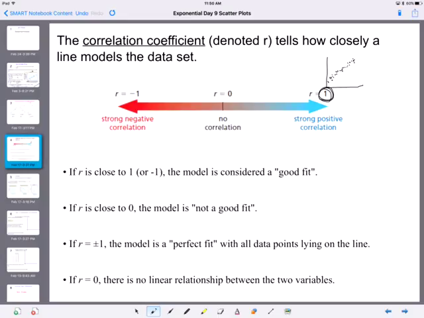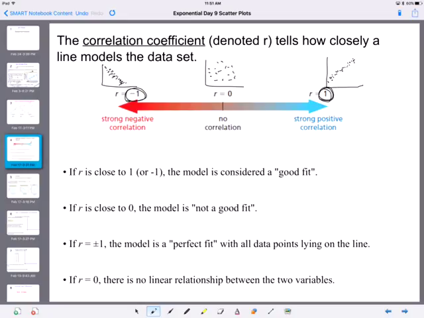If our R is close to -1, our points would be decreasing, but are really close together, and we would say this is a strong negative correlation. No correlation is when our dots are scattered about our coordinate plane and they form no relationship at all.